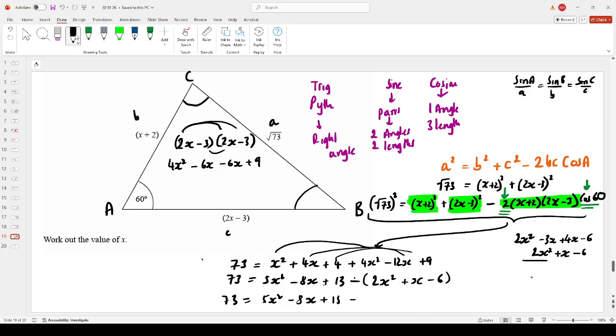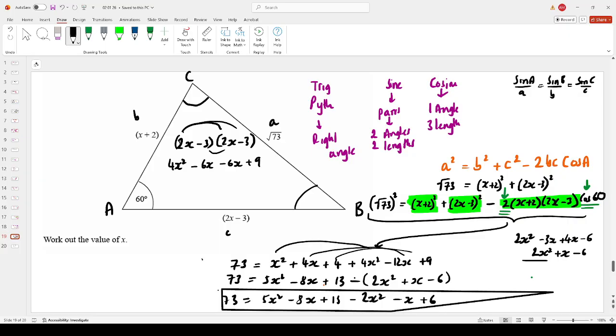So everything gets minus. So that's going to be minus 2x squared, minus x, and plus 6. Okay, are we happy with this? Everyone happy with that? So 5x squared minus 2x squared is 3x squared, and that's gone.